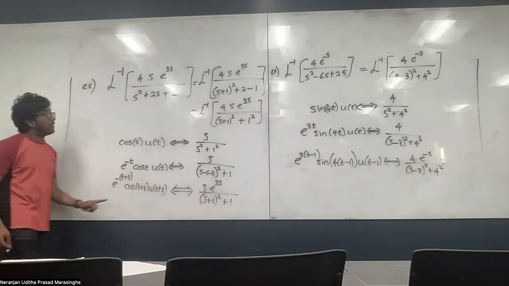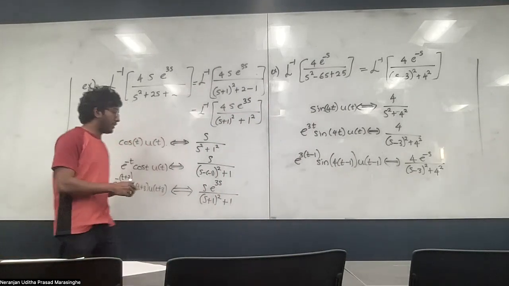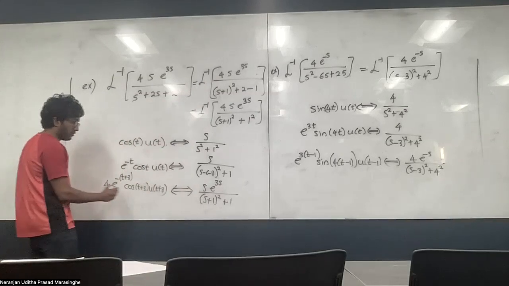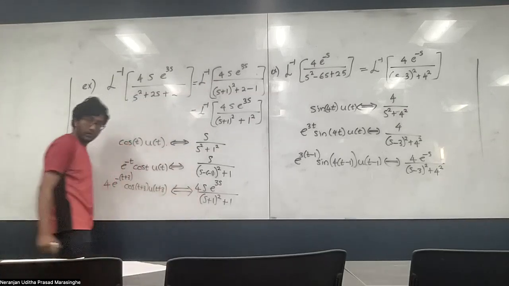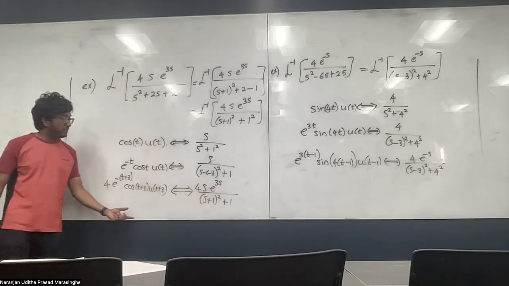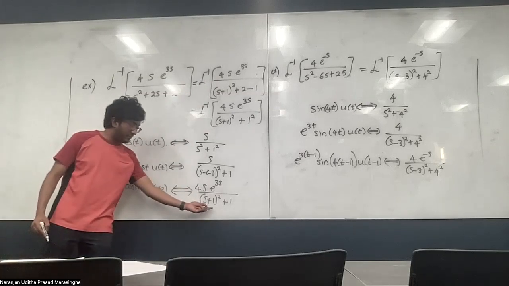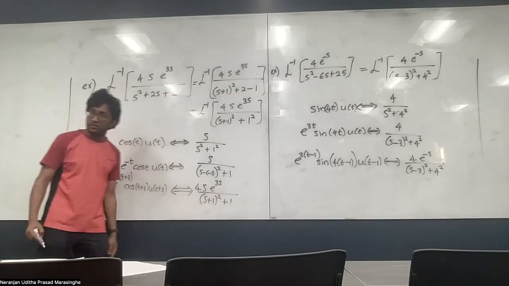So now I have 4 here, so I multiply both sides by 4. Then this function is the inverse Laplace transform of this.